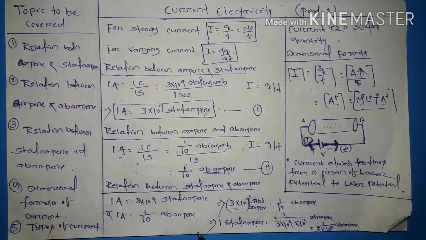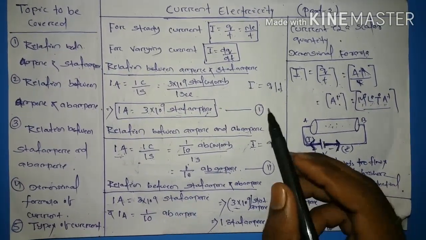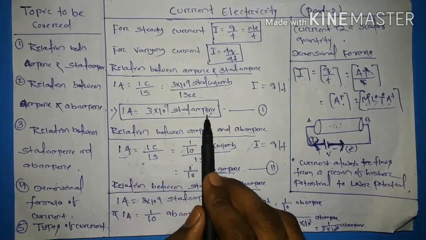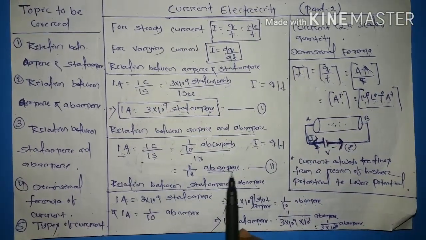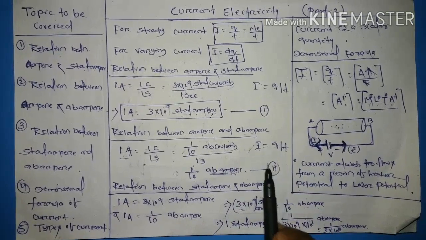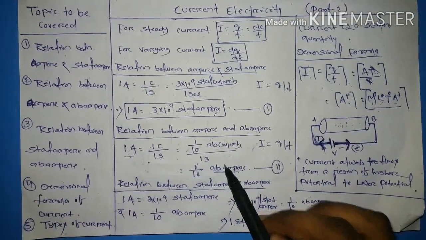Then the relation between stat ampere and abampere. From equation 1, 1 ampere is equal to 3 into 10 to the power 9 stat ampere, and from 2, 1 ampere is equal to 1 by 10 abampere. So from 1 and 2 we get, LHS are the same, so RHS equals RHS.